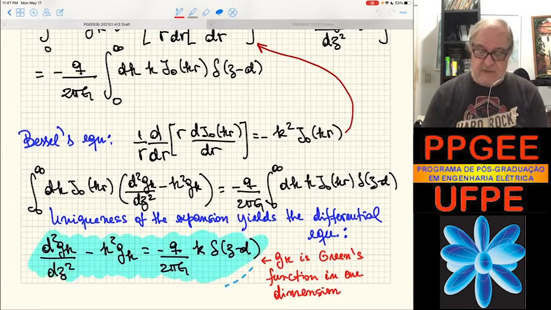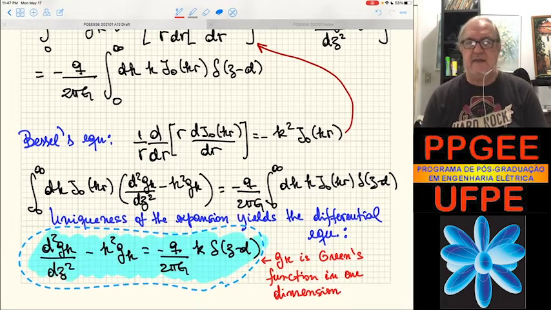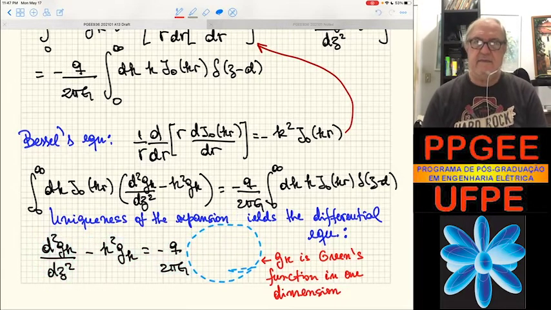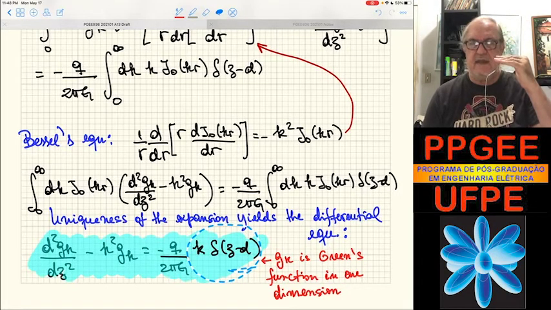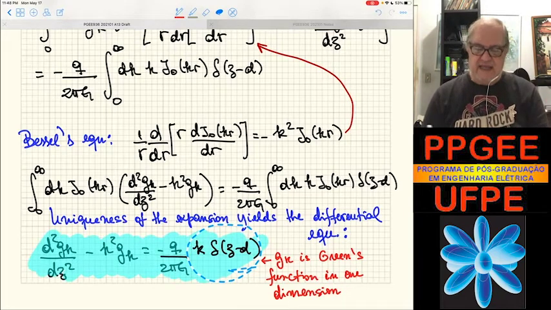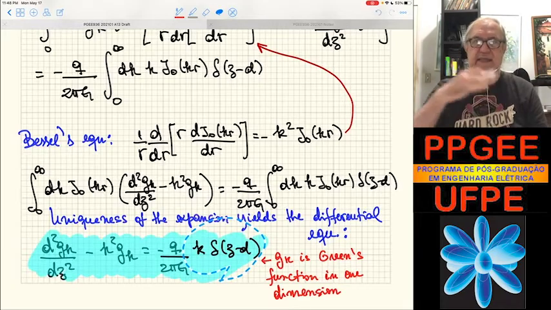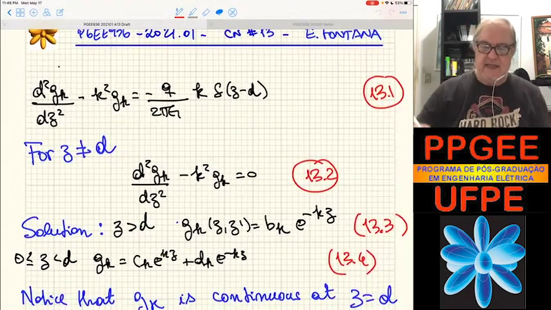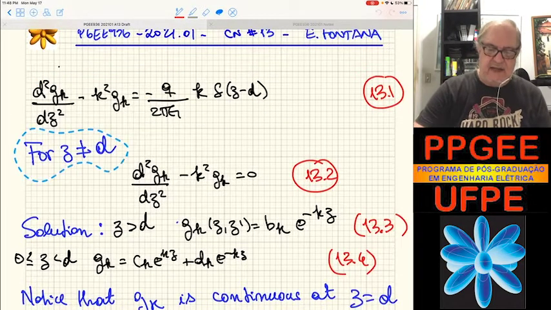So how do we solve this equation here? As traditionally we do. We make z different than d, and we propose a solution for z larger than d and another for z smaller than d. We find the general solution. Then we handle the singularity by integration around that singularity. Okay? That's what we do. So that's the function. Then we make z different than d, okay?